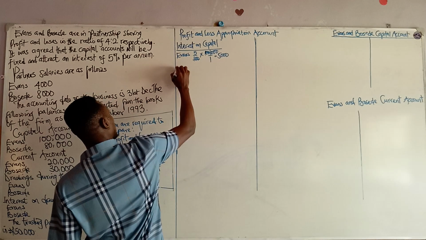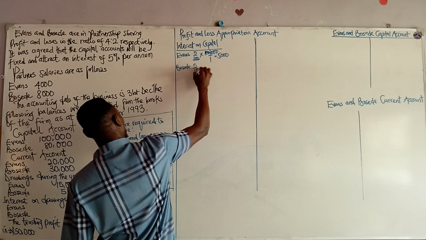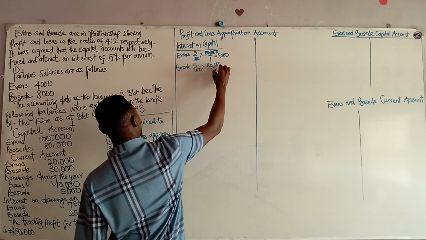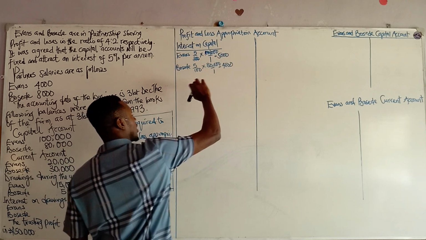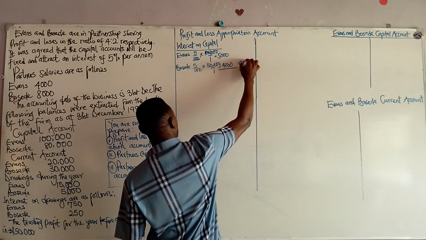Then we have Boside. Boside is 5% of 80,000, and 5% of 80,000 is 4,000. If we add the 5,000 and 4,000 interest on capital, we have 9,000.